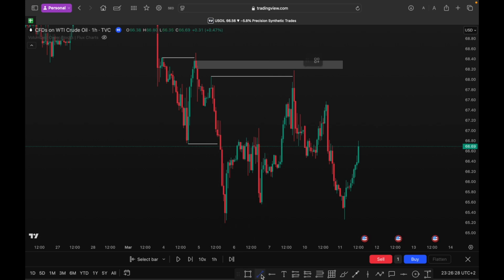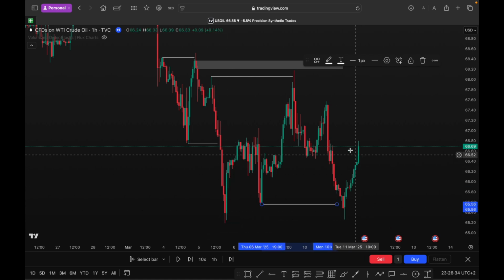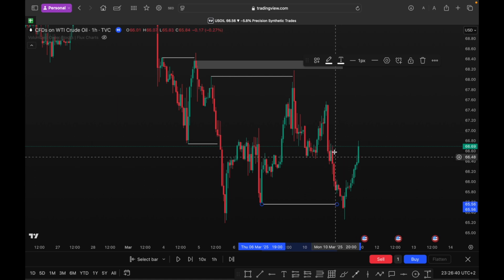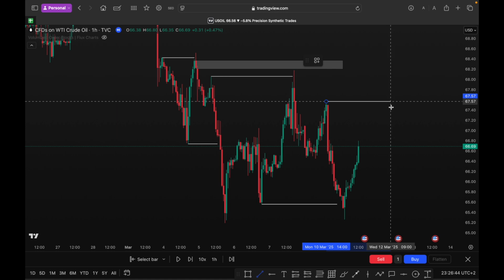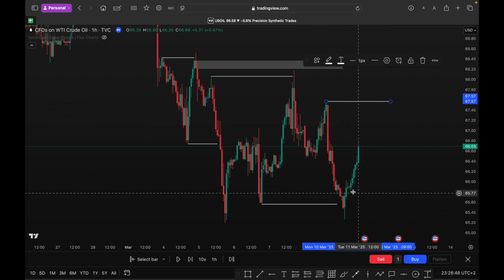So for example, I can see liquidity has been created. This was the low here. Now we are looking for the last fractal high on this move here, and as we can see, it was this one here. So we need to wait for price to break this high to confirm an order block right over here.